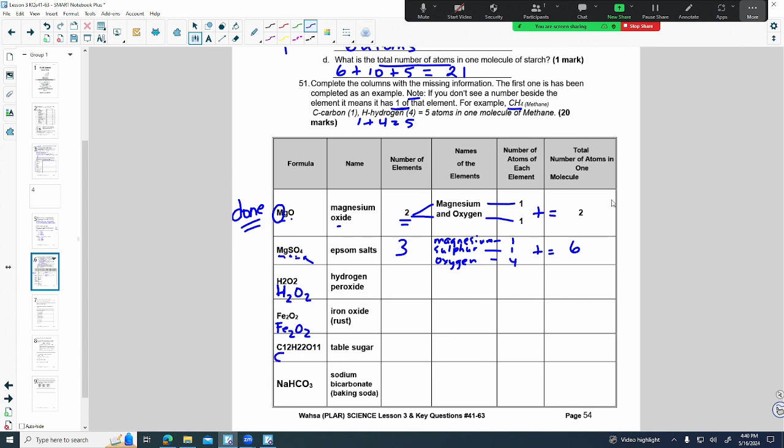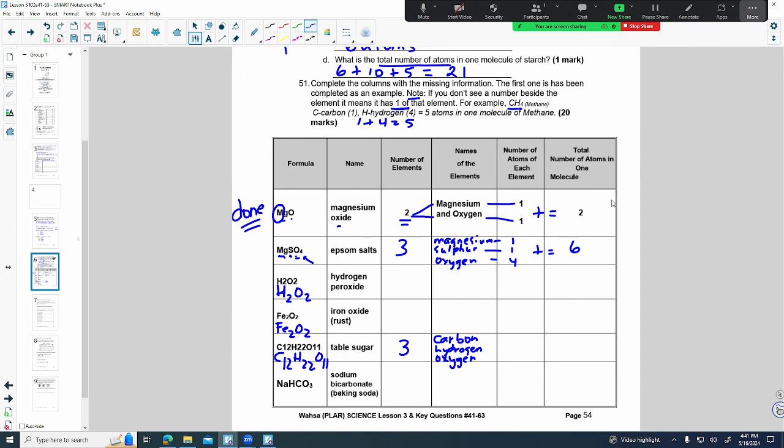This one would look like this, C12H22O11. Number of elements, well, we see C, H, and O. So we know there are 3. They are carbon, hydrogen, and oxygen. Those are the 3 elements.